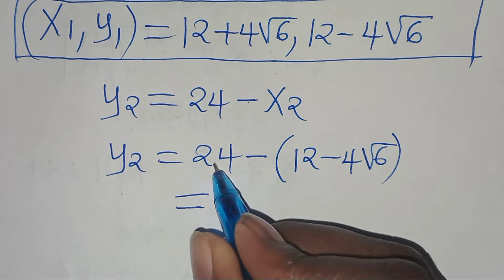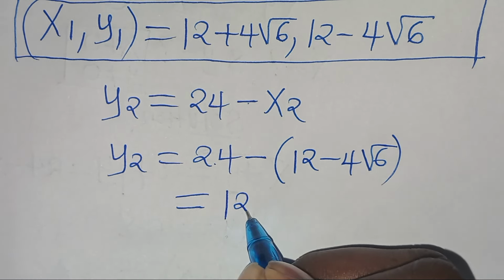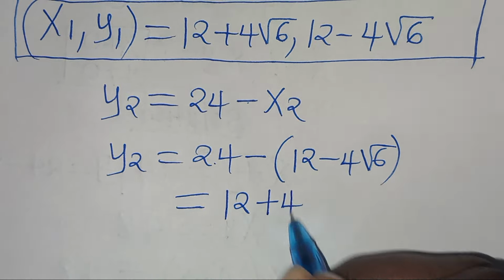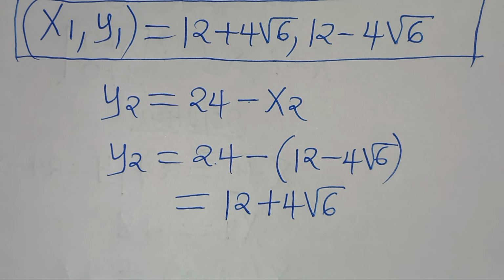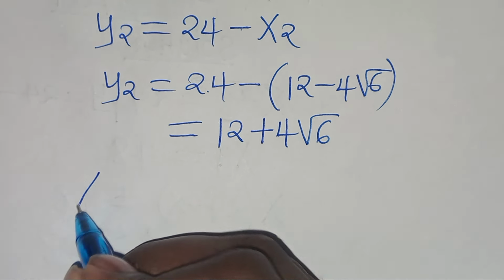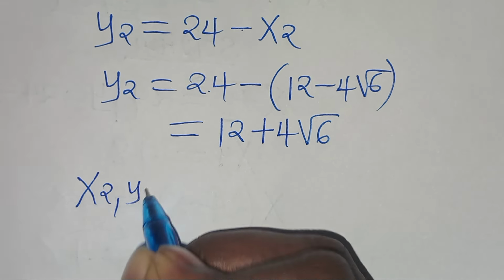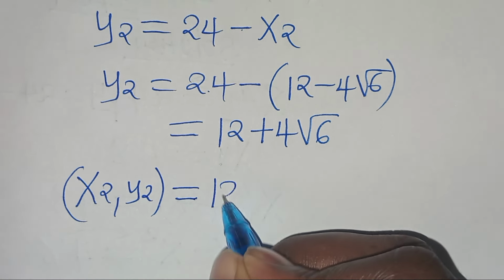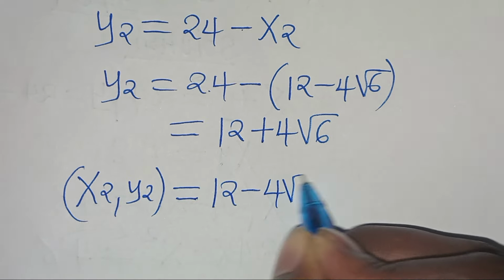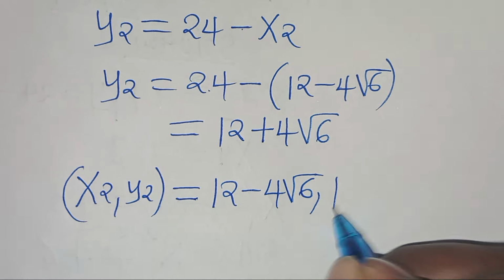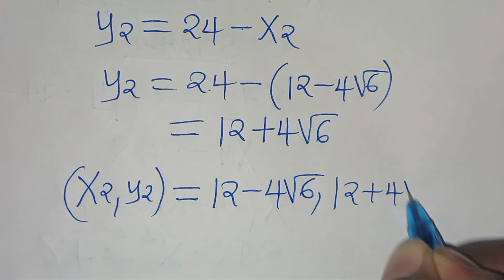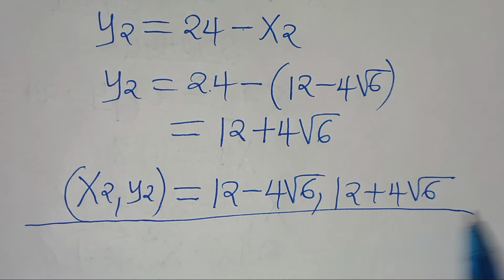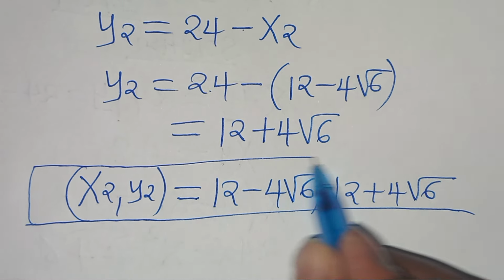So here we have 24 minus 12, this is 12, minus times minus 4 square root of 6, this is plus 4 square root of 6. So this means that x2 comma y2, this is equal to 12 minus 4 square root of 6, comma 12 plus 4 square root of 6. So this is the second set of solution that we have.